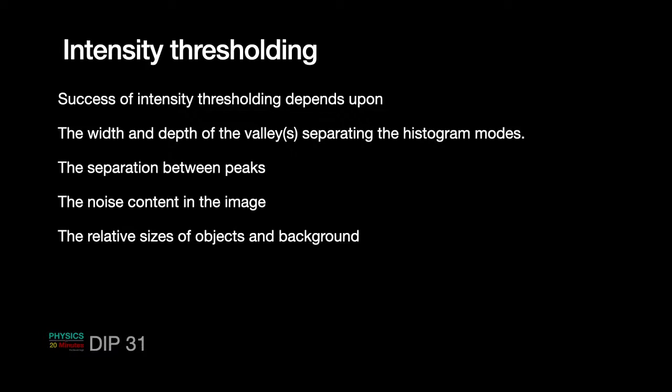If either of them is very overpowering, over-dominating, then thresholding becomes challenging. If your background is very large and the object is very small, it is difficult to threshold. In reverse, if your object is large and the background is very small, again it is difficult to threshold. Better thresholding happens somewhere in between.